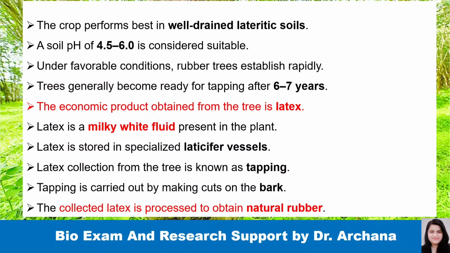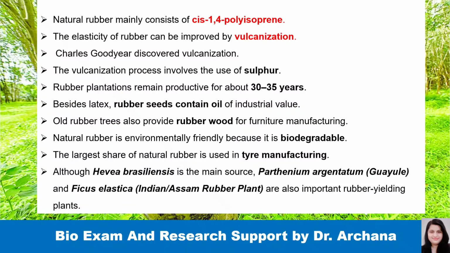Now the economic product obtained from the tree is latex, a milky white fluid present in the plant, which is collected. Latex is processed to obtain natural rubber. These are the steps through which rubber is processed from collected latex.